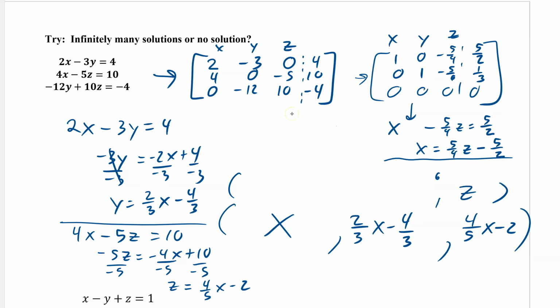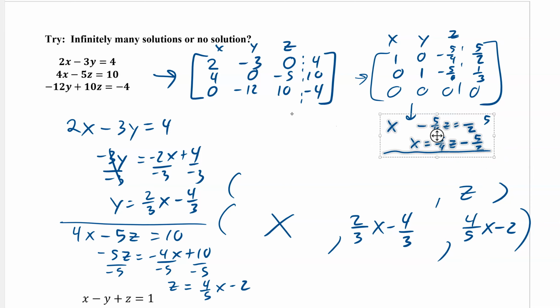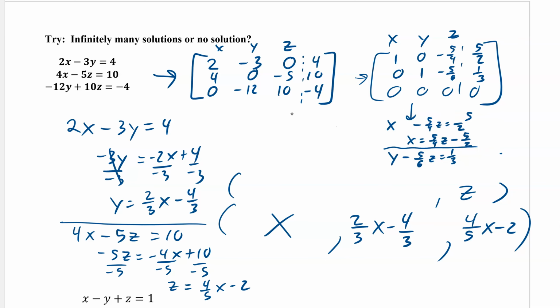I'm going to erase this and put it because I ran out of room. Just shrink it. So we had y minus 5/6 z equals 1/3, which gives us, shrink it again. So we would get y equals 5/6 z plus 1/3.